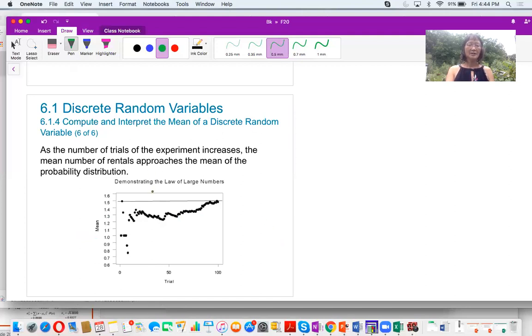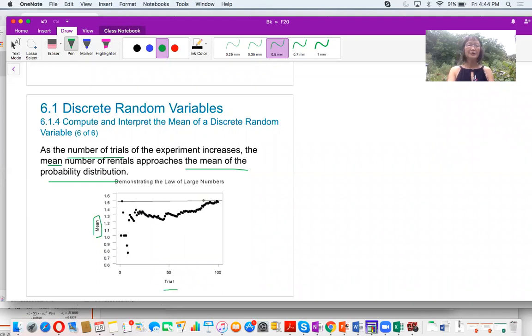So this one gives you a graphical representation. X represents the number of trials, and Y represents the mean. As the number of trials of the experiment increases, the mean number of rentals approaches the mean of the probability distribution. Okay.